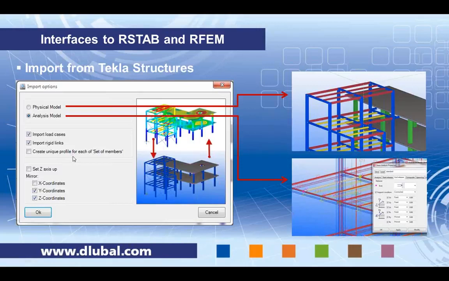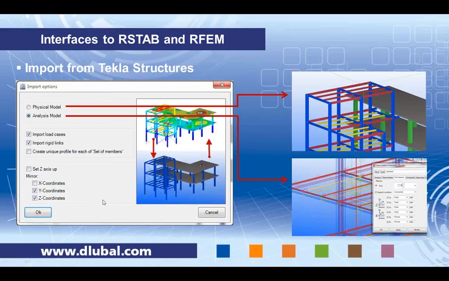However, sometimes I think it's good to merge all those cross-sections. If we have, for example, 10 columns, they use all the same cross-section, and they are fabricated in the same way. Then we have to have maybe only one cross-section representation inside Dlubal software that has some advantages in handling.